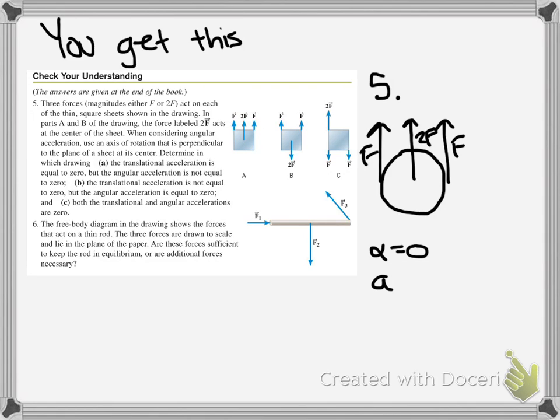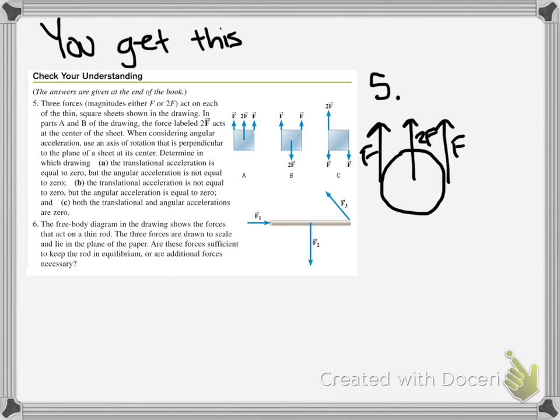So this is the A drawing, right? This is where there's an F on each side and a 2F going up in the middle. If you have a force going up on the right and a force going up on the left, that means that there is no angular acceleration, because pretend you're driving.